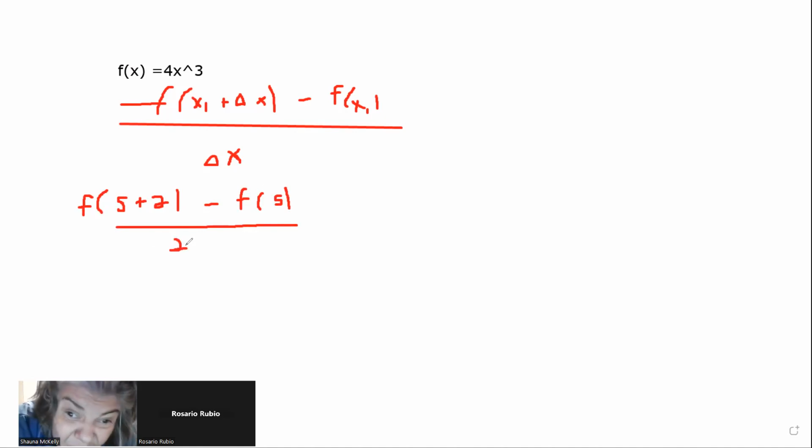Now, 5 plus 2 is 7. So this is f of 7. F of 7 minus f of 5 over 2, isn't it?